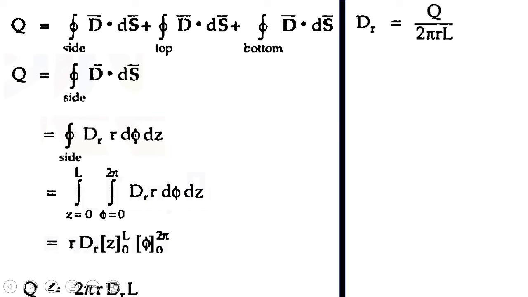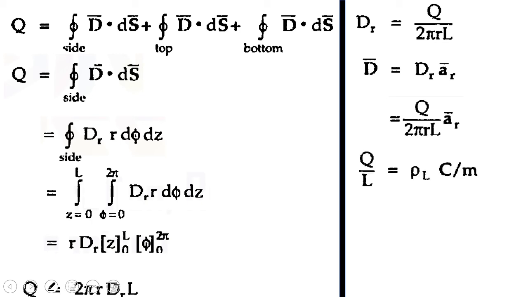Rearrange the terms. Keep D_r on one side and all other terms on the other side. You will get D_r is equal to Q divided by 2π r L. Now D is equal to D_r into a_r, so the D vector will be D_r into a_r vector. In our consideration, we have taken ρ_L, the line charge density. Line charge density means charge divided by length, charge per unit length.